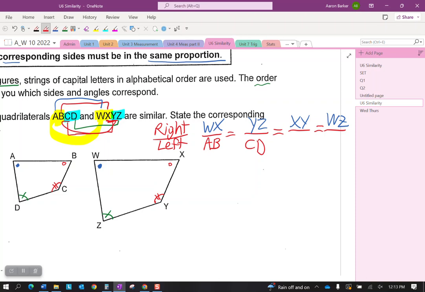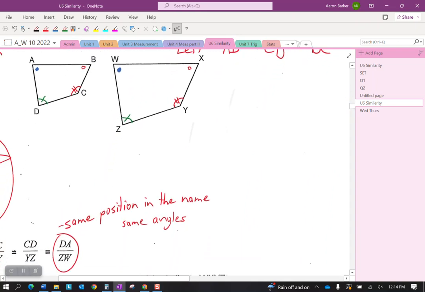So the middle two letters of the other name are BC. Okay. And what two letters correspond with WZ? Yeah, the outside letters. So we have the outside letters, WZ, so the corresponding sides must be AD. There you go. So those all will be the exact same ratio. All right.